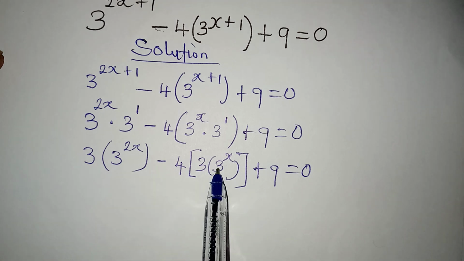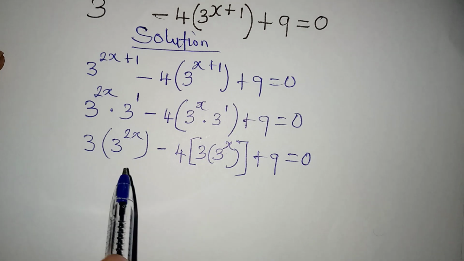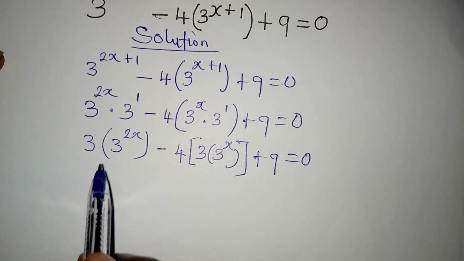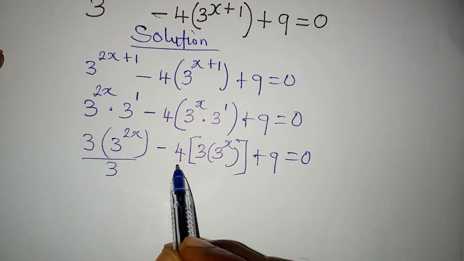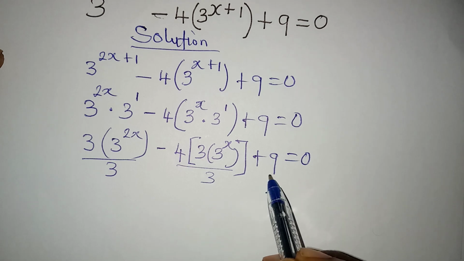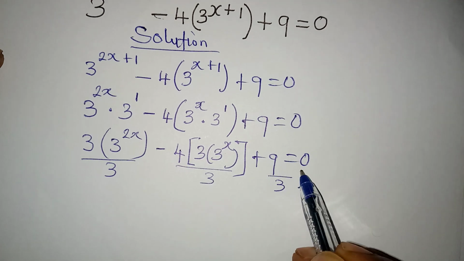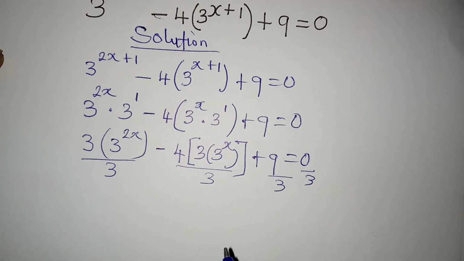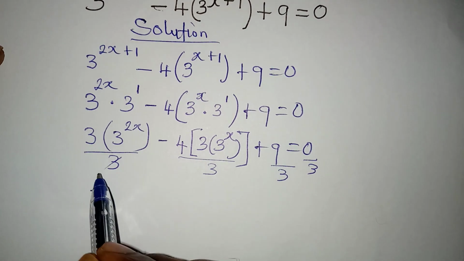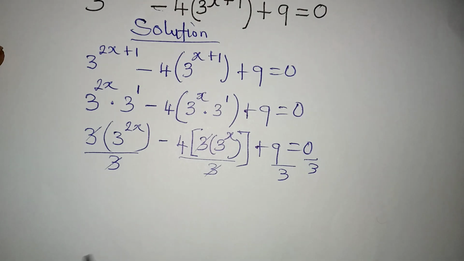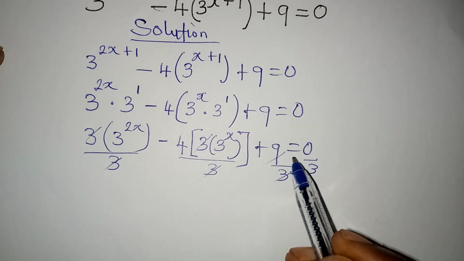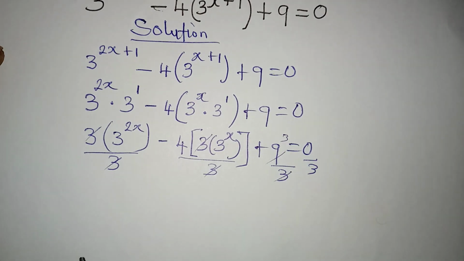Now 3 is common to each of these terms, so I will divide both sides. Divide everything by 3. Divide the whole of this by 3, divide this by 3, and even divide 0 by 3. So this will cancel this, this will cancel this one, then 3 will go there to give us 3.